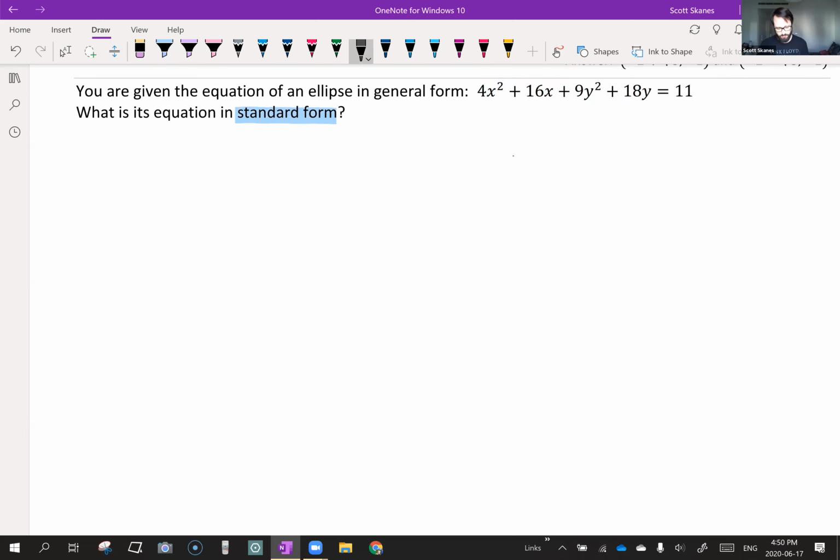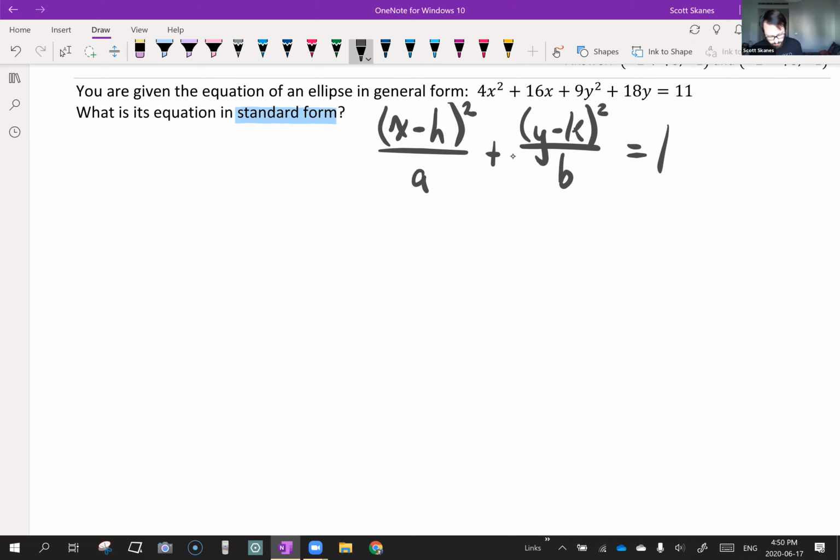So what we need to do is you need to know what the standard form of an ellipse is. I've given those as tables before. You can find them on a formula sheet. But we're trying to get this form. All right, this is what's called the standard form of an ellipse. So we need to force this equation to be in this form.